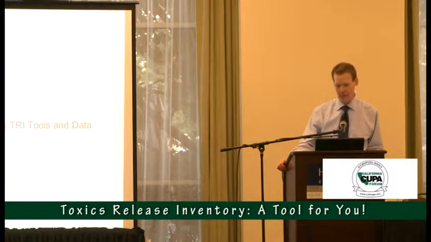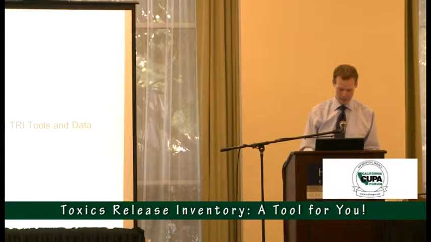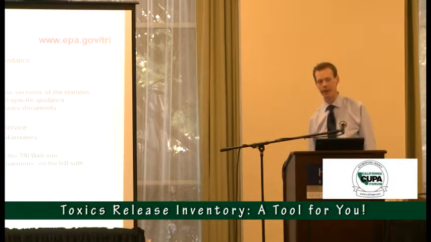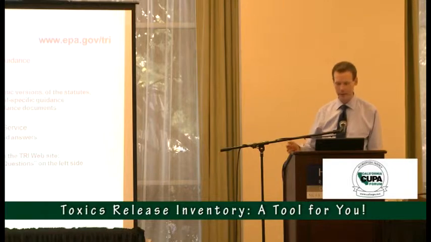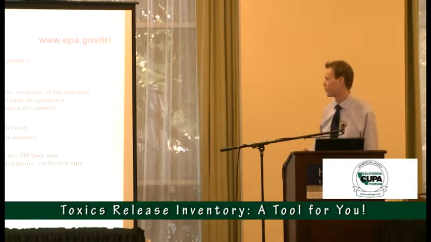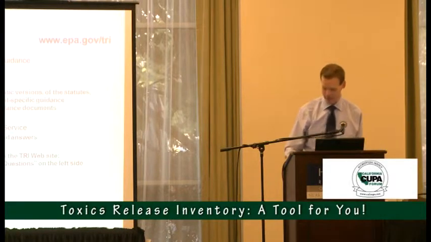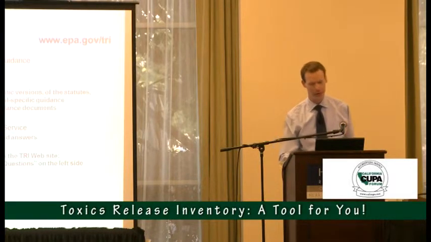So next, we get into accessing TRI tools and data. These are ways that the public, CUPAs, or anyone, analysts such as myself or facilities, would be able to get in and look at TRI information, TRI data, and TRI tools.